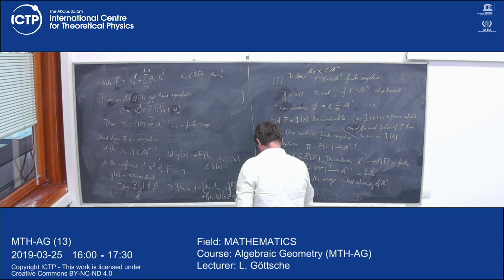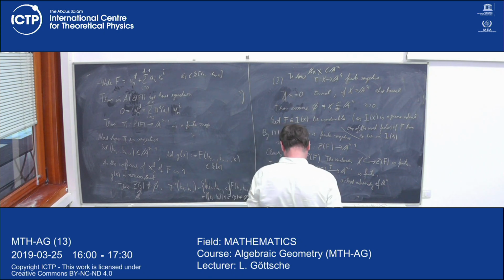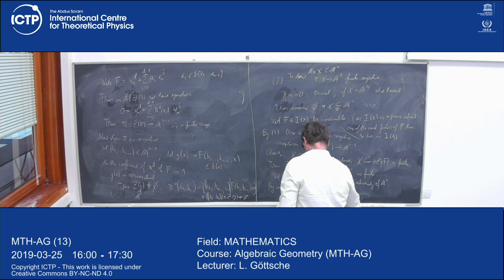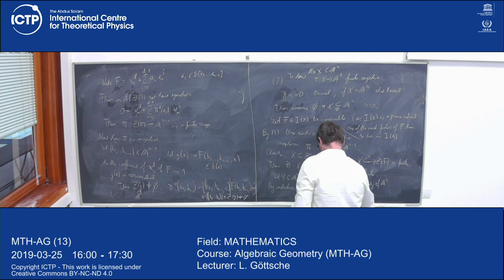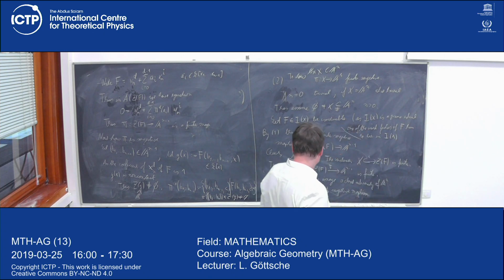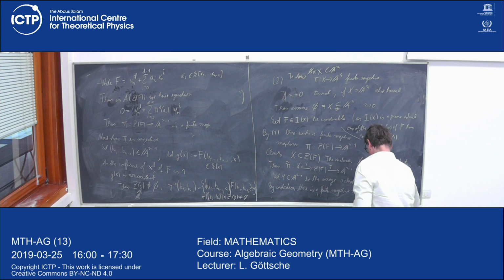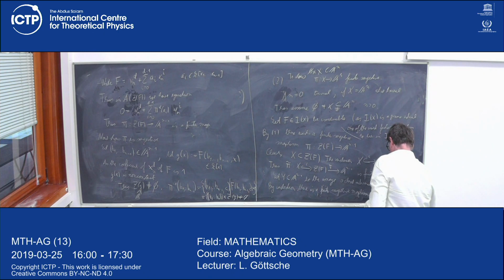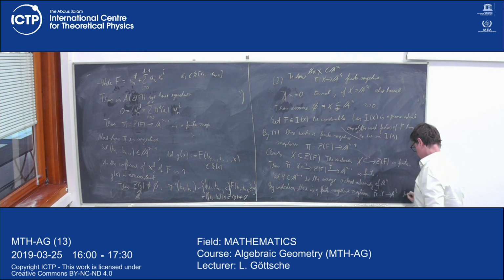By induction, there is a finite surjective morphism, I don't know how it's now called, maybe pi bar, from Y to A^k for some k with 0 smaller or equal to k smaller or equal to n minus 1.